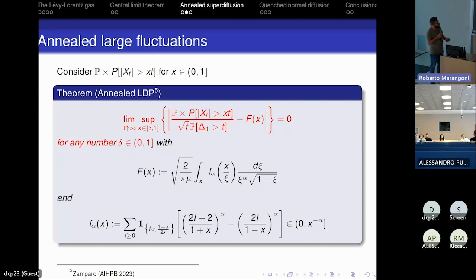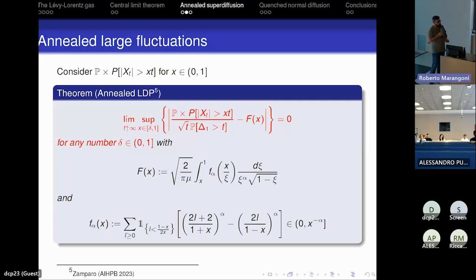I just want to focus on this scale factor. Okay, so the problem is to find a scale factor depending on time in such a way that this probability scaled by this factor, when t goes to infinity, converges to a non-trivial limit, a limit which is not 0, not infinity.